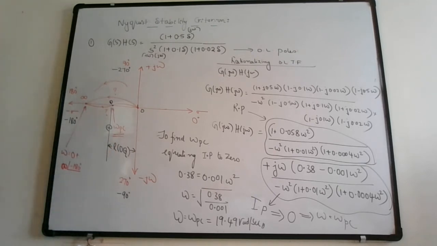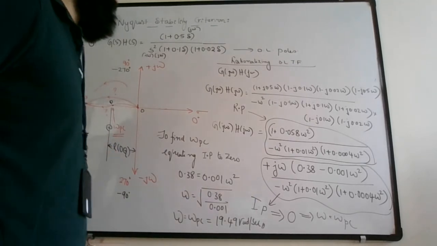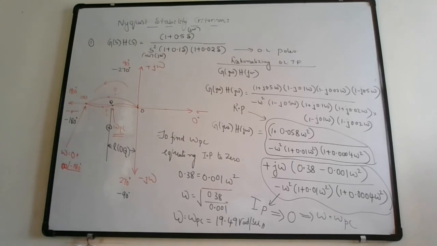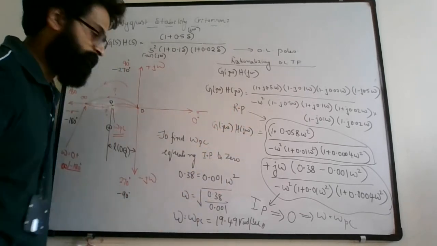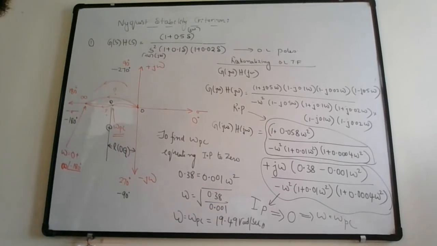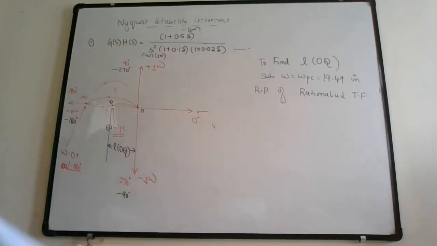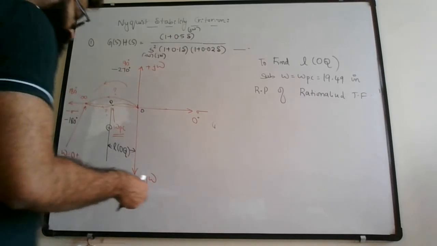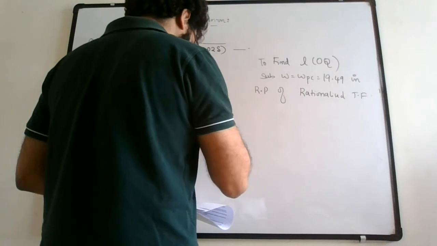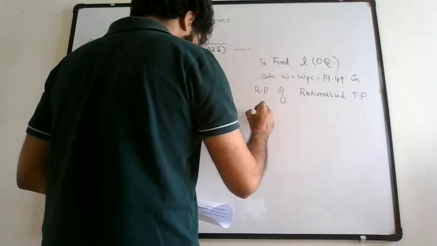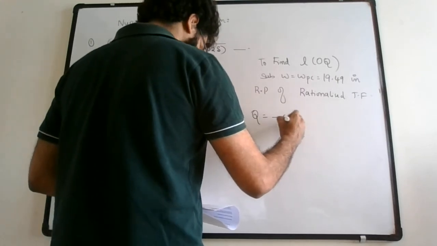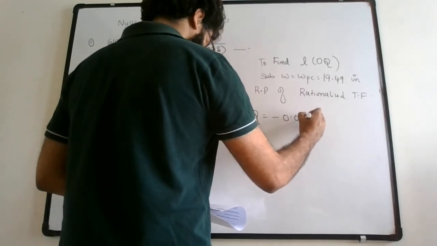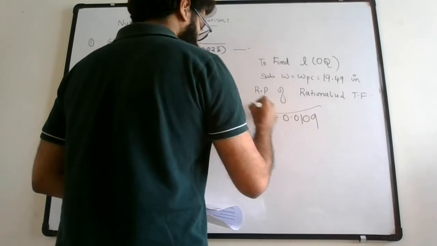Length OQ can be found by substituting omega equal to omega PC into the real part of the rationalized transfer function. So basically you will get the length, or the Q point, as minus 0.0109.